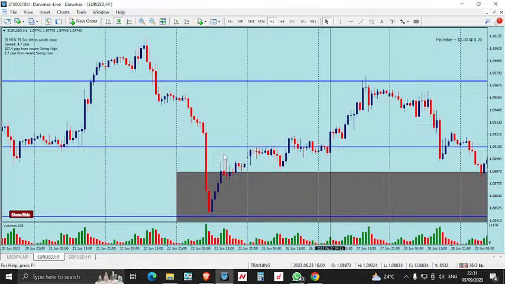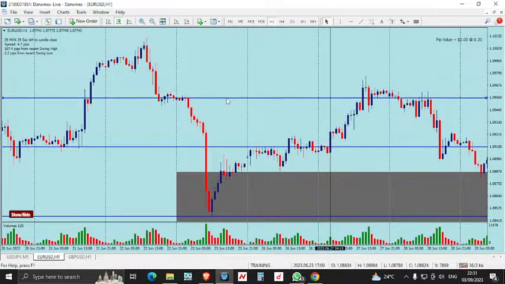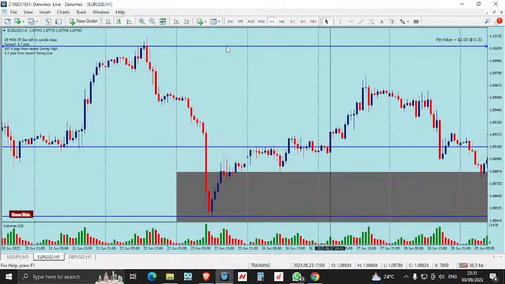If we check now, we have 2 swing highs. Look at here. Then another important place is here. So these are the 2 places we can now target our take profit.